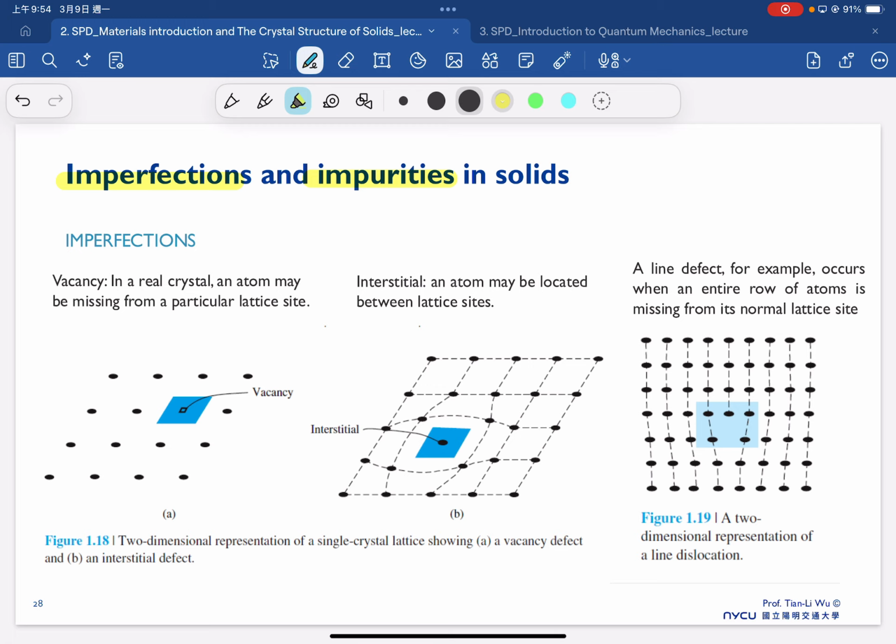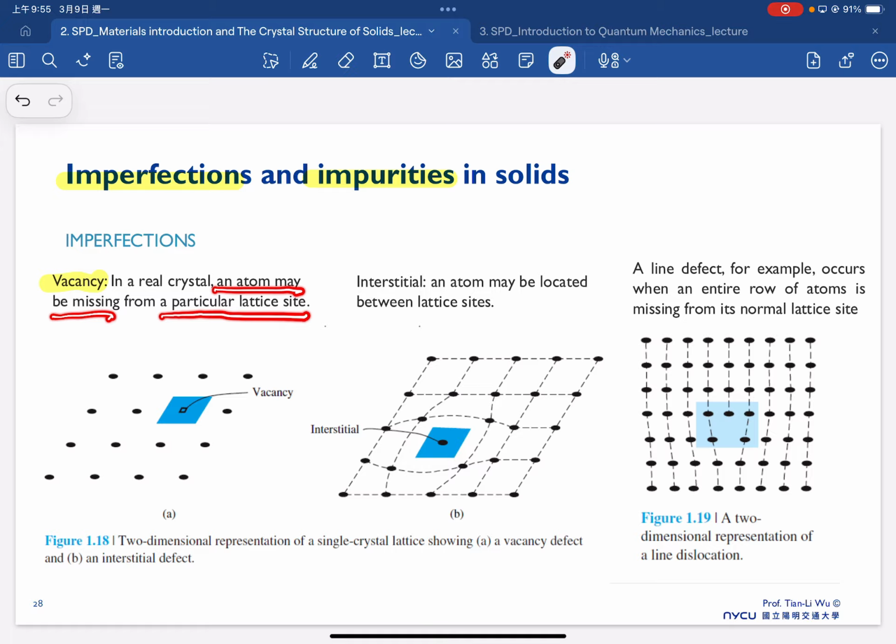For example, the vacancy can be considered as an imperfection. So what is a vacancy? In a real crystal, an atom might be missing from a particular lattice site. Considering that this is a single crystal lattice with lots of atoms, unfortunately, for some unknown reason, there is an atom missing in this place.